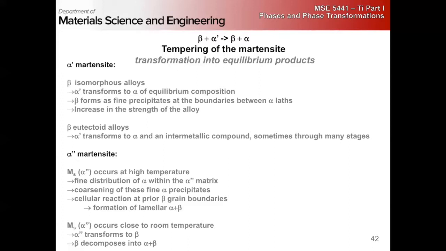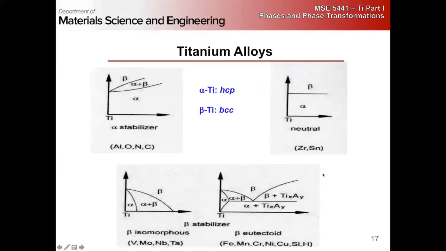And this is for beta isomorphous alloys. If we have a eutectoid alloy, remember the eutectoid structure here, we're going to temper, and instead of diffusing out and forming beta, we're going to form intermetallics.